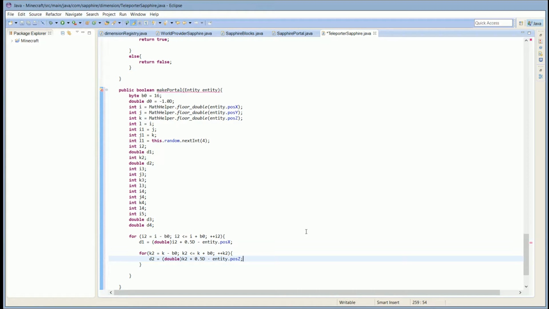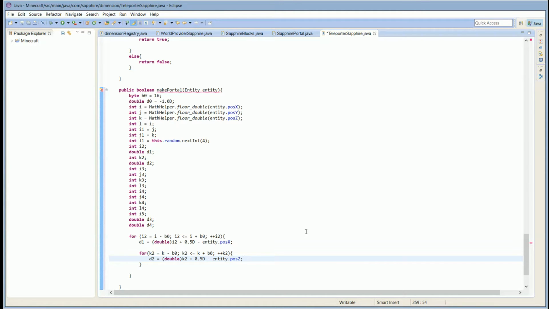So you're going to say for this integer, K2, being less than or equal to K, which is the Z position, plus the byte 0, which is 16. And then you're going to have D2, which is also an integer, is going to be K2 plus 0.5 minus the Z position. So it's trying to decide where this stuff is going.